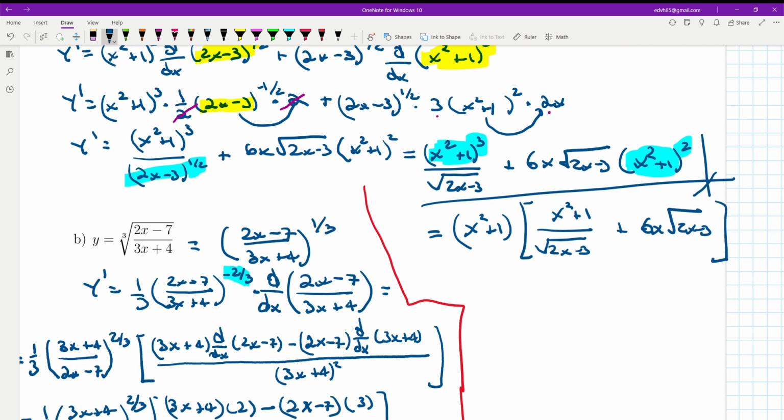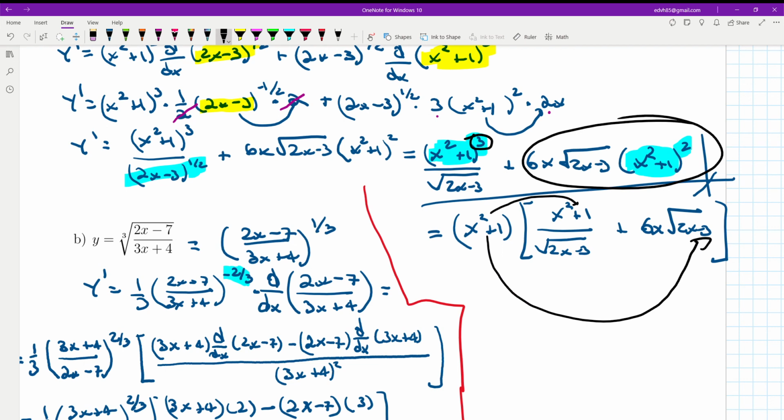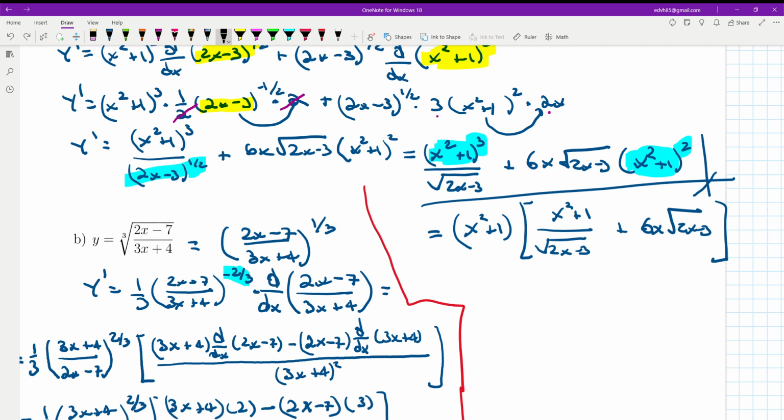Again, if you would distribute this back, you would get x squared plus 1 cubed that we originally have, then this whole thing right there. But it looks like I forgot to write these two over here. Okay, and let me also erase these brackets.